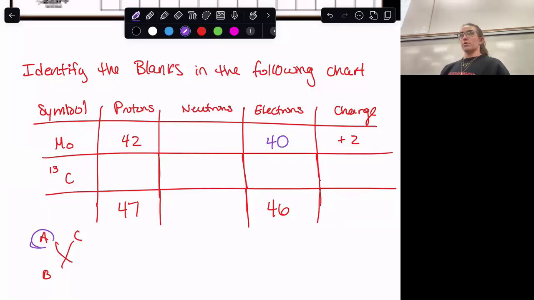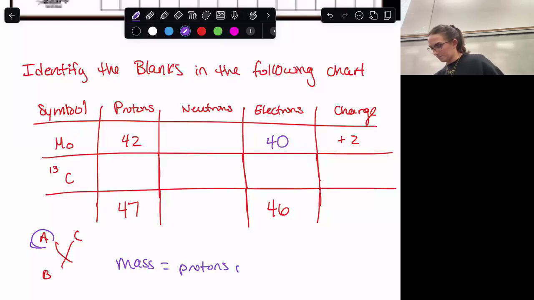What goes in the A category? That's the mass. And what makes up a mass? Protons and neutrons, right? Your mass is your protons and neutrons.